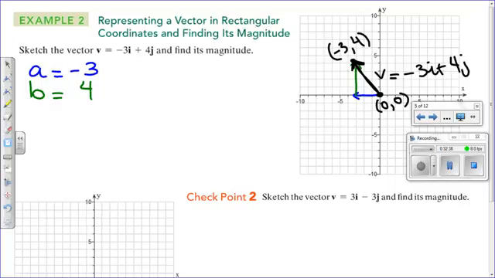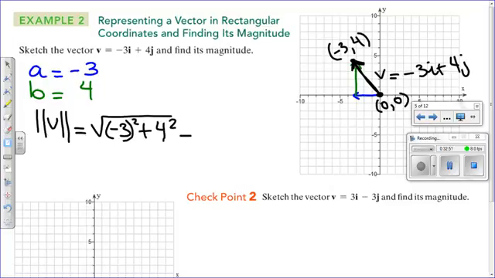Now, to find the magnitude numerically, we could use the Pythagorean theorem. So if a is -3, we square it, and then b is 4, and we square it. So this is 9 plus 16, which is the square root of 25, which is going to be +5. Now, would you guys say it's positive or -5?